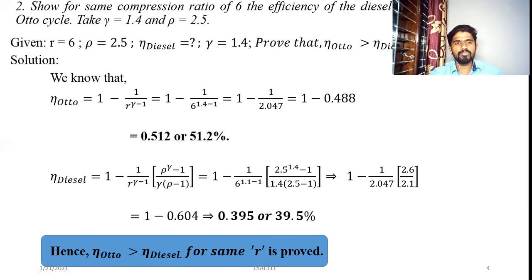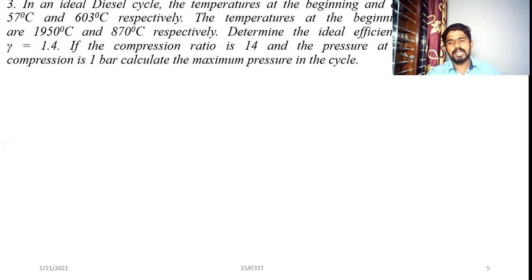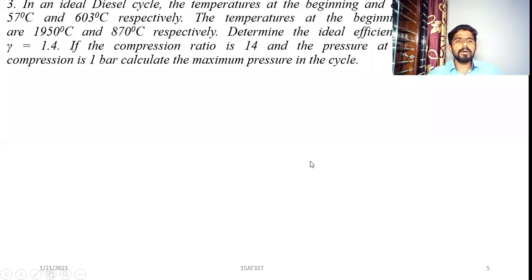That is proved. So this is the second problem for the diesel cycle. Now take the third problem for the diesel cycle. In this problem, in an ideal diesel cycle, write down the problem first.